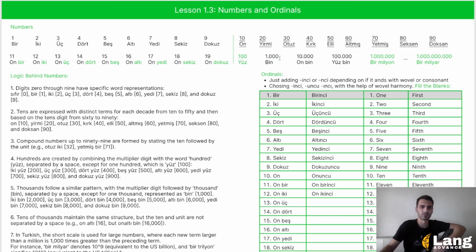Bin, it is 1000. And also it means to get on something: otobüse bin, hop on to the bus. And by the way, 10.000, on bin. 100.000, yüz bin. 1 million, it is milyon. Million is really hard for you to remember, I know, but you have to.